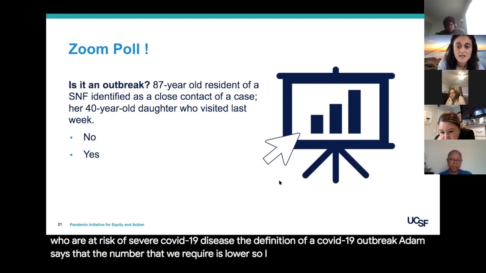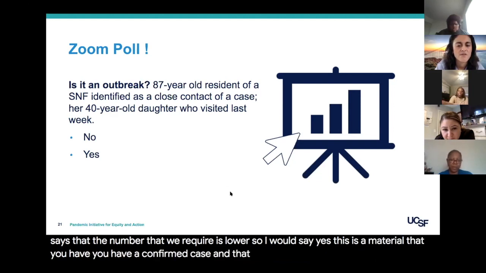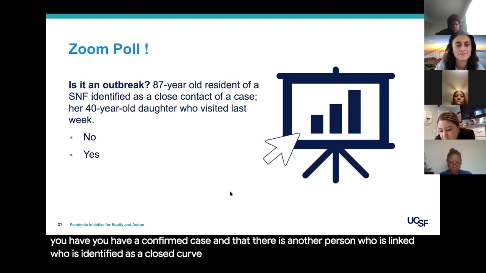So I would say yes, this is a COVID-19 outbreak. We have a confirmed case, and there is another person who is linked, who is identified as a close contact. Okay, next slide.